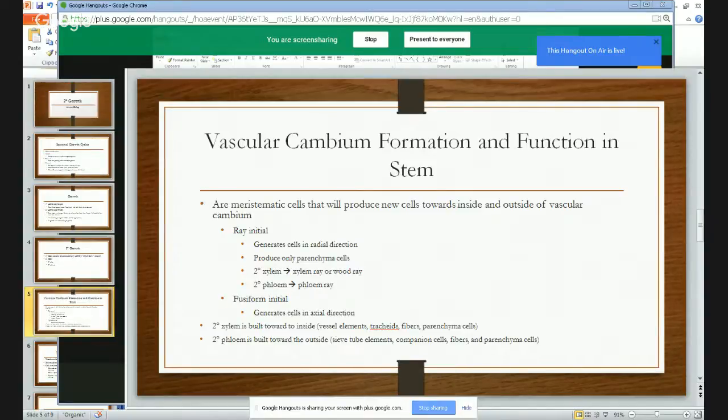With your ray initial cells, they're going to produce parenchyma cells only. So when they go inside and outside, they're only going to give rise to parenchyma cells. We'll talk in a moment about your rays, but you can get phloem rays generating off of these.